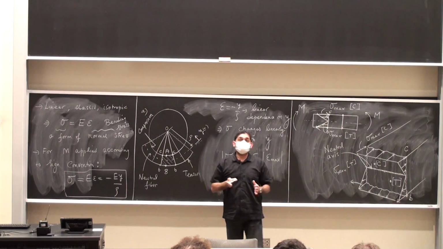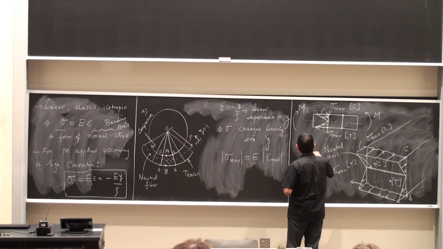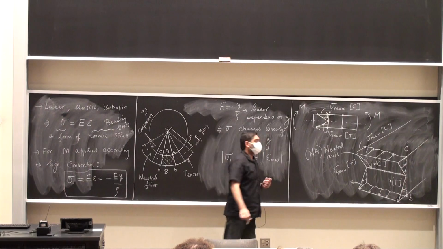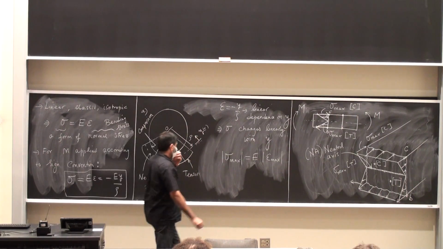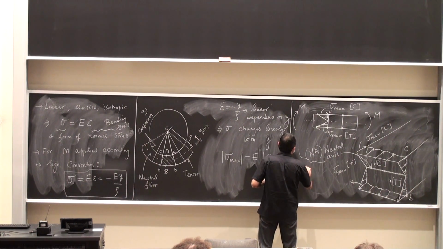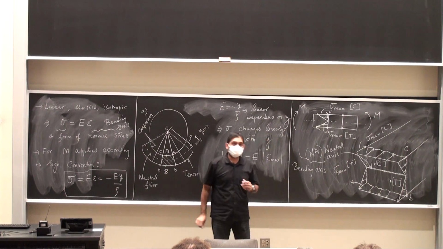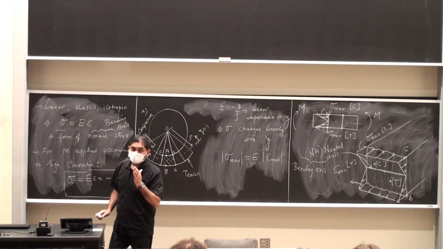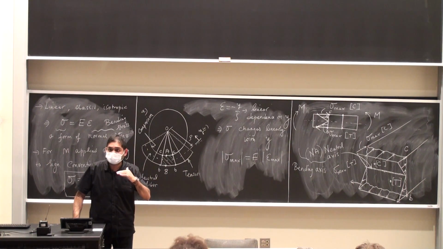My shorthand notation for the neutral axis is NA, and it is also called the bending axis. And if you note carefully, it is also an axis of symmetry, which means it's a centroidal axis.